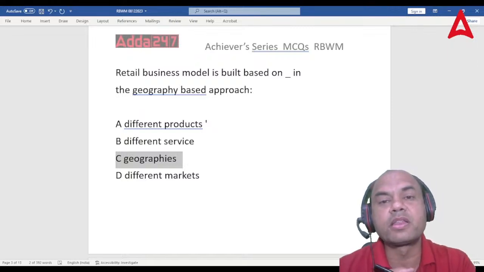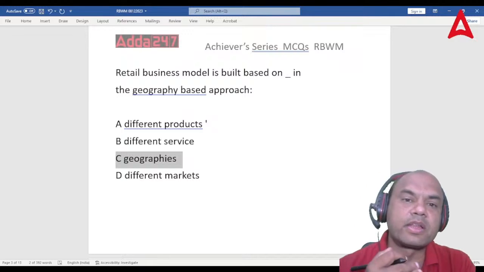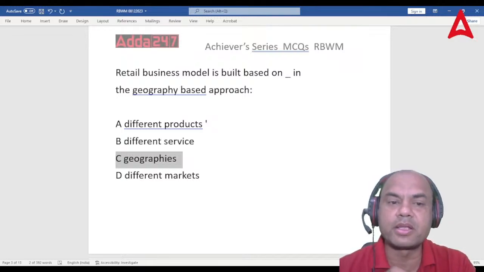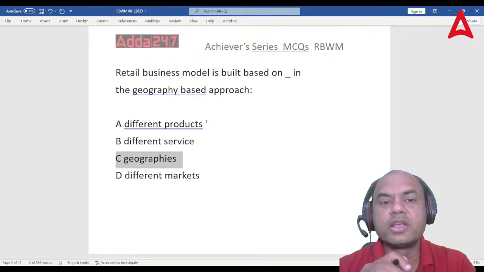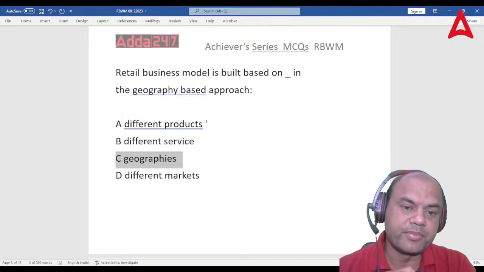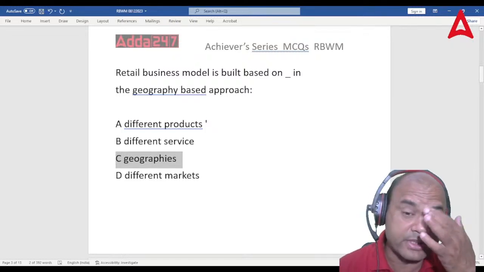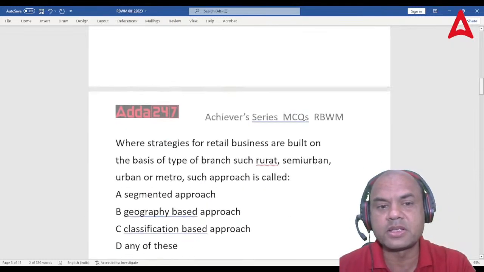Some topics we cover in this class, some in other classes. Something important comes up, then we cover it wherever we can. So the answer over here is geographies: a retail business model is based on geographies in geography-based approach.